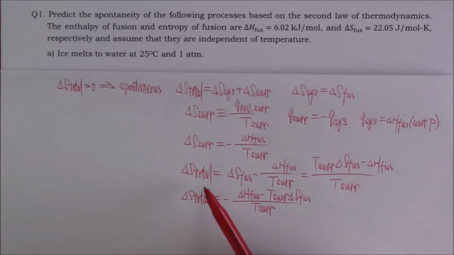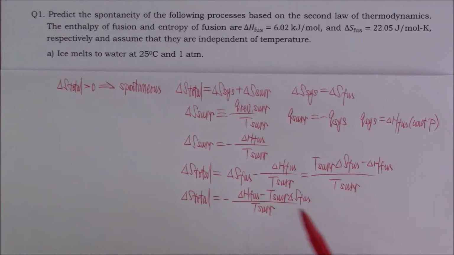We can use delta S total to predict the spontaneous direction. Actually, we can also use the top term, delta H fusion minus T surroundings times delta S fusion, to predict. If delta S total is positive, then the top term should be negative.